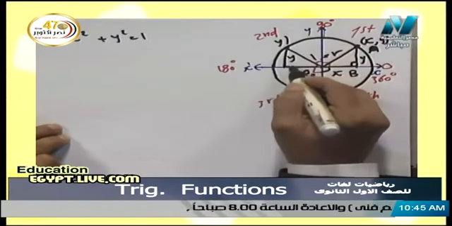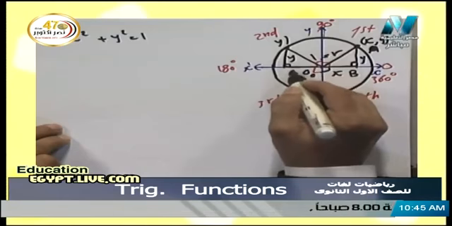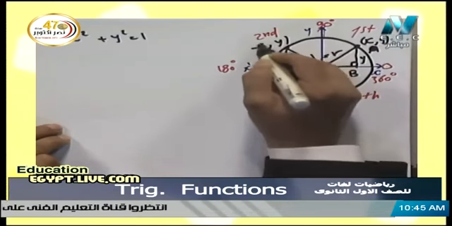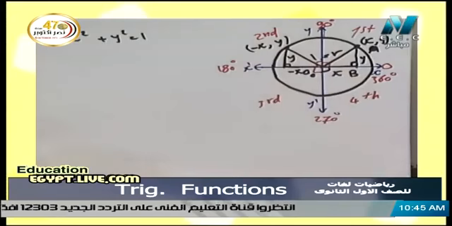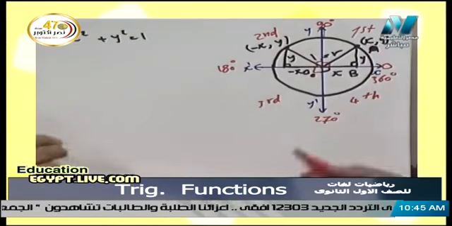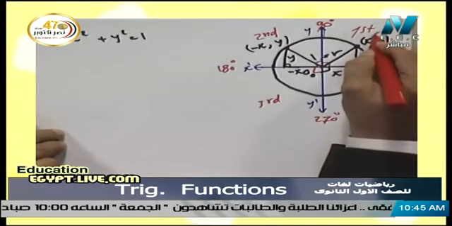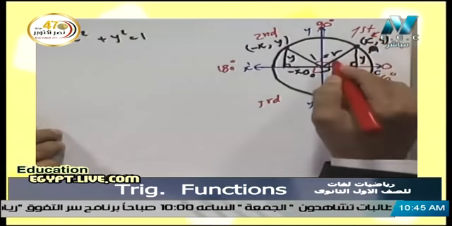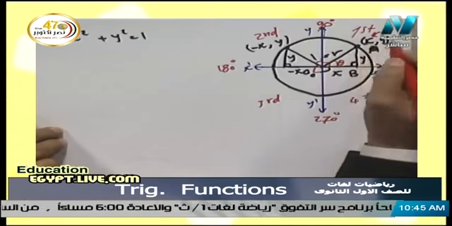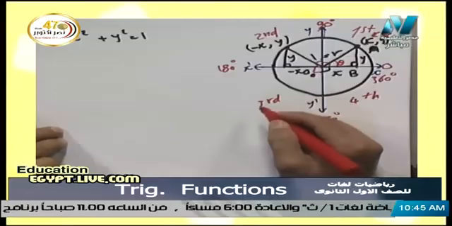But x here is negative, so here is negative x and y. Let's return again to x and y. We know that x here is cosine theta. If we call this angle theta, x is cosine theta and y is sine theta.